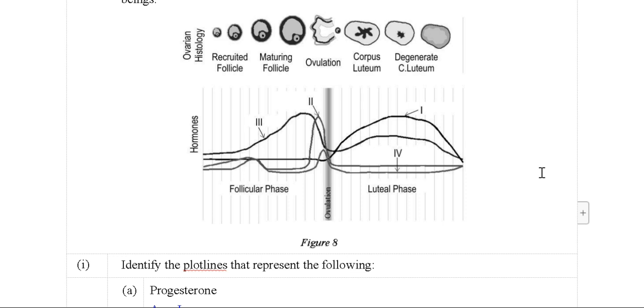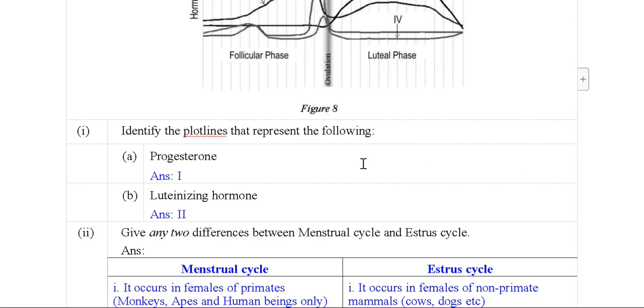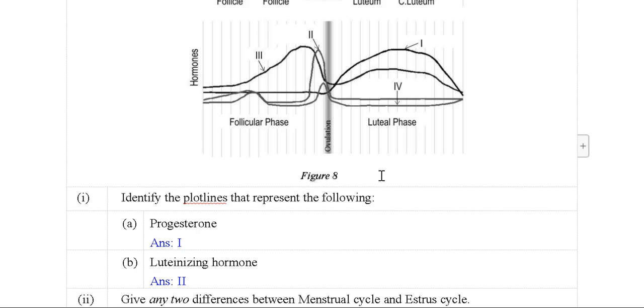Now, related to this diagram, the first question is to identify the plot lines that represent the following. Which plot line indicates the progesterone hormone? They have given 4 plot lines: 1, 2, 3 and 4.